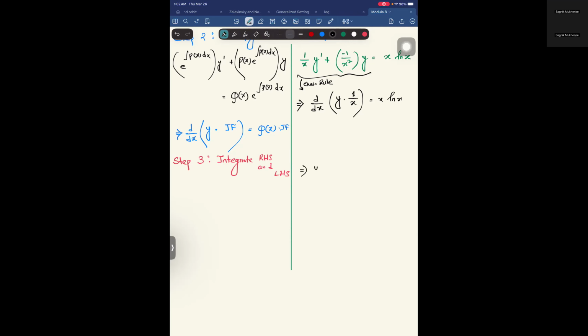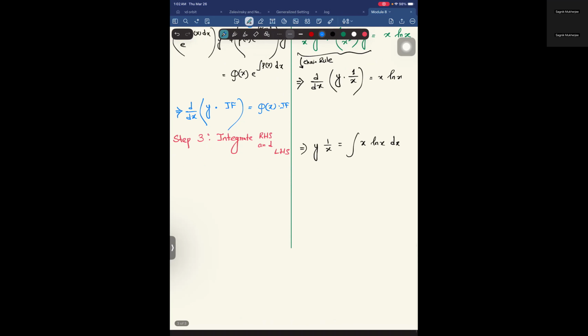So this becomes y times 1 over x equals integral x log x dx, right? So in this general situation, it becomes y times integrating factor. Right? Makes sense?